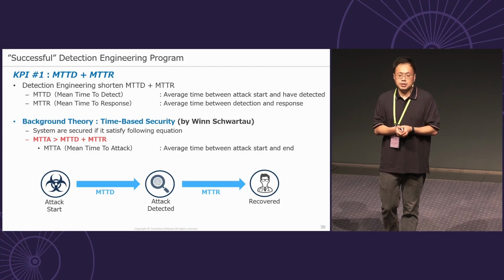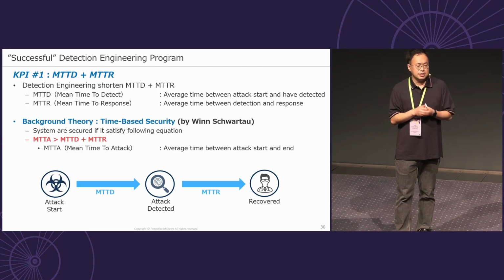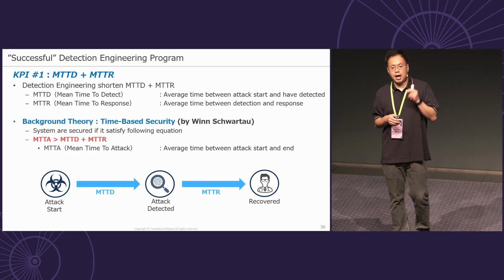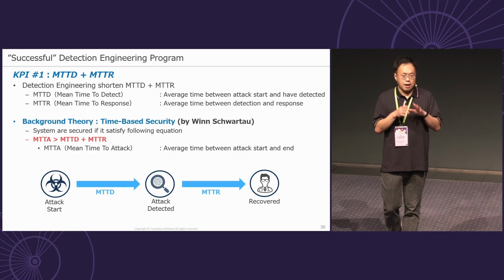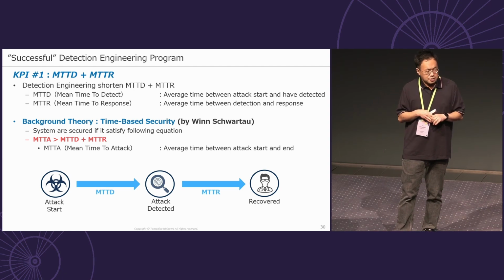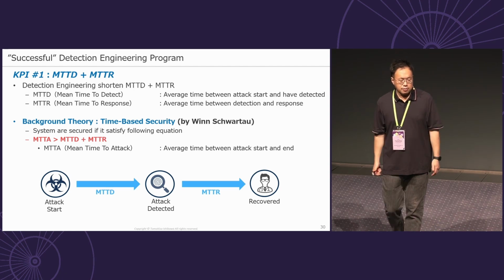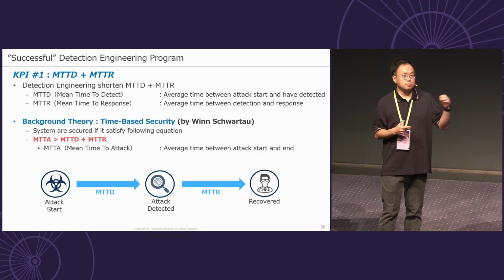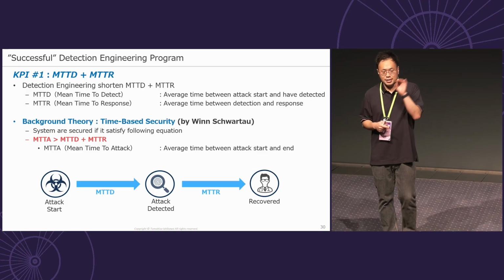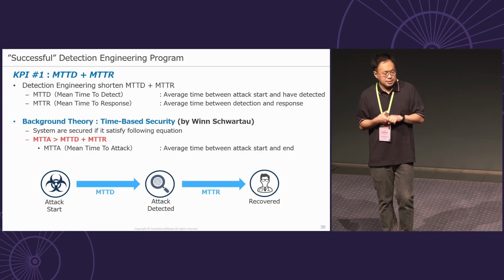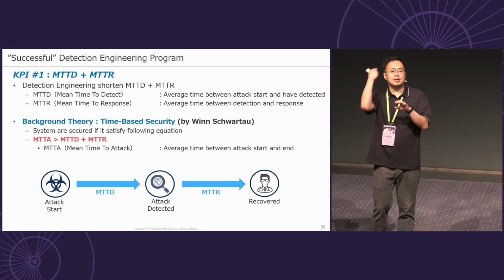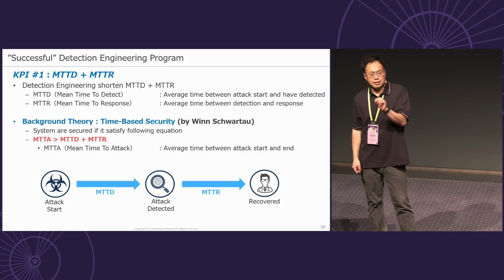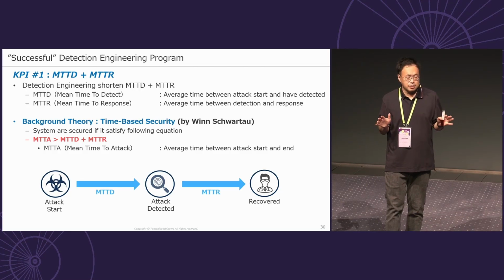First one, MTTD and MTTR, which stand for mean time to detect and mean time to respond. Basically, this is the average time to do the detection and the average time on the response. The background theory is a time-based security model, proposed in 1999, but it's still workable. It says that if MTTD and MTTR are smaller than the mean time to attack, your system is secure.